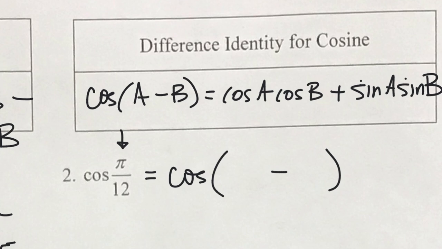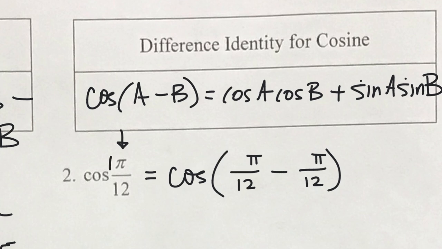So we're just going to do some amount of pi over 12, minus some other amount of pi over 12. These numbers that go in the first slot and the second slot need to subtract to give you 1.